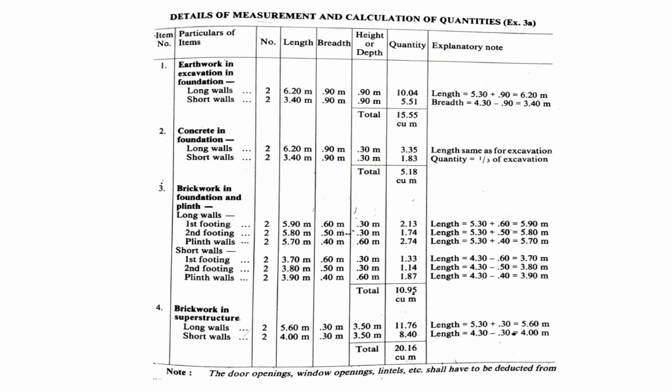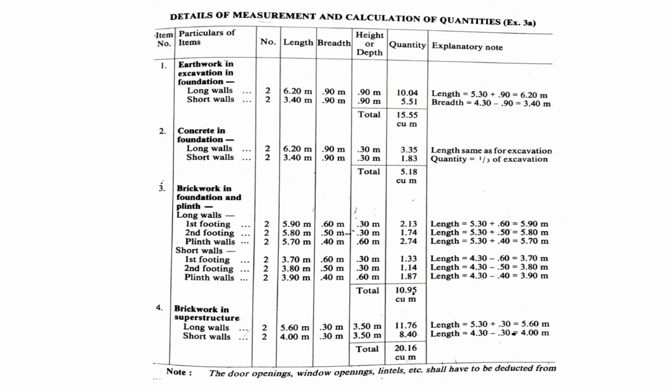For short wall, two numbers, length is 4 meter, that is center to center distance 4.3 minus width of the wall 0.3, into breadth 0.3 into entire height 3.5 meters, so that brickwork for short wall is 8.4. Totally for brickwork 20.16 m cube.